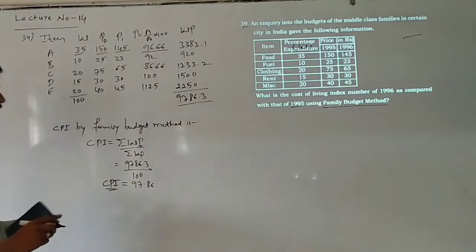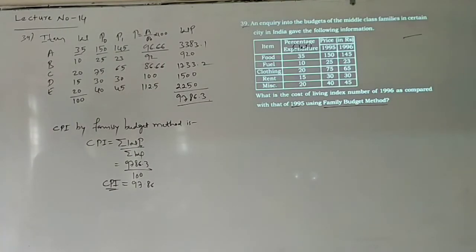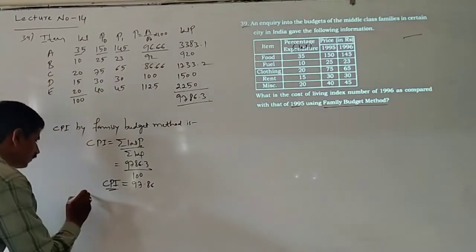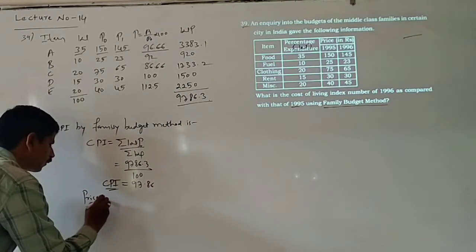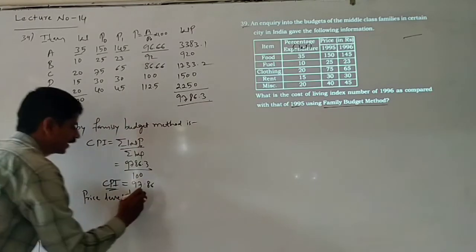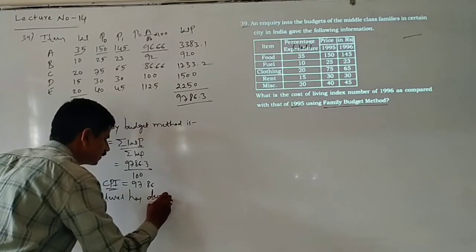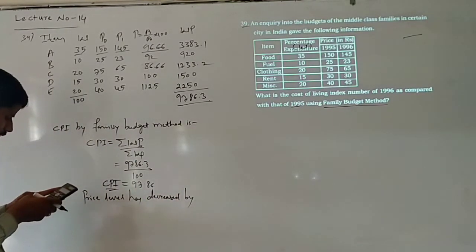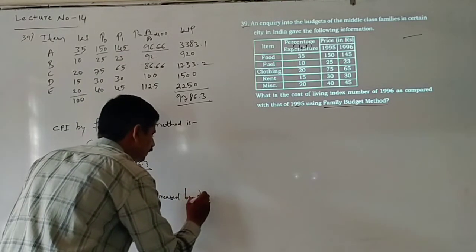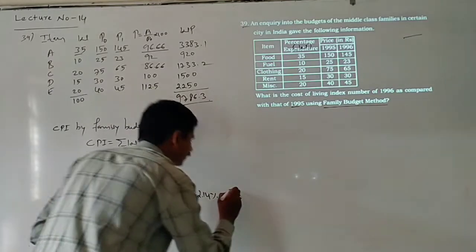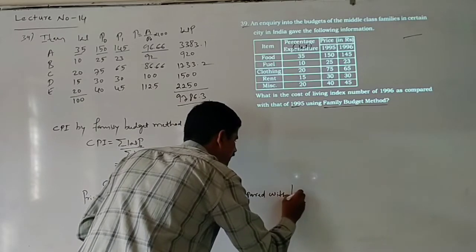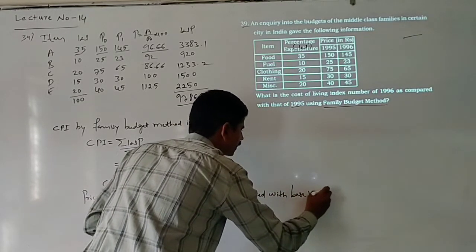Here they are asking what is the cost of living index number of 1996 as compared with the base year 1995. Here the price level has decreased by 2.14% as compared with the base year.